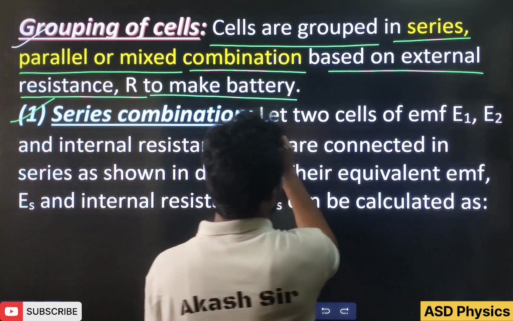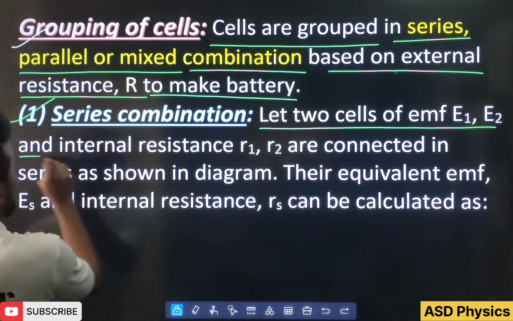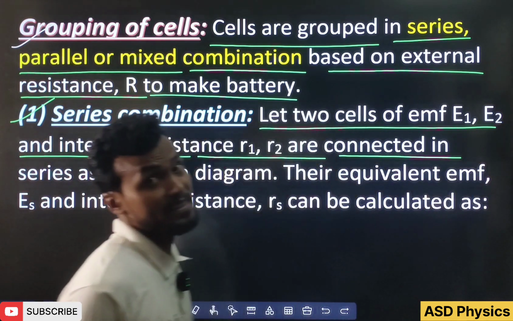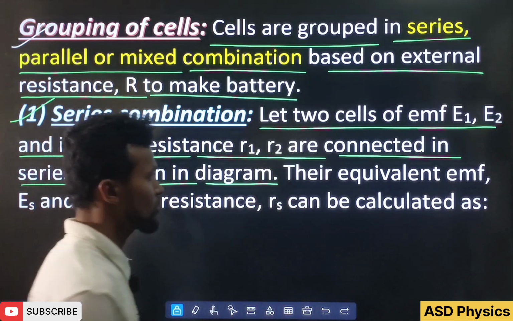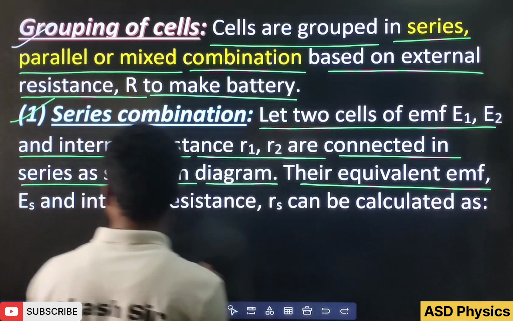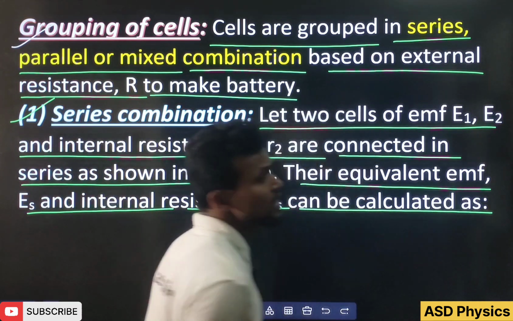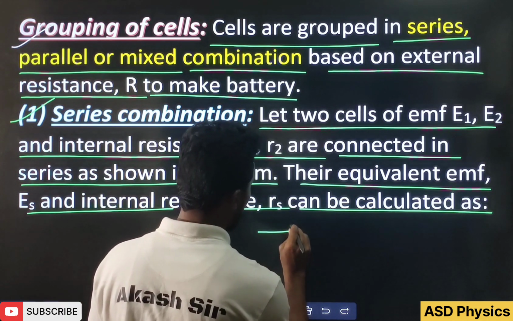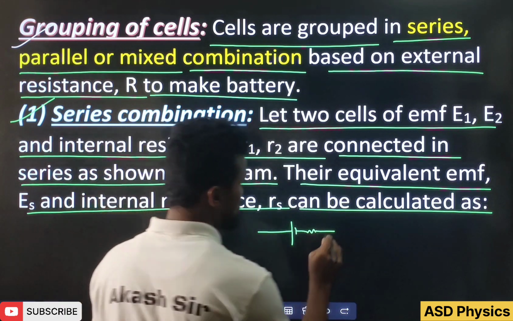So here, let two cells of EMF E1, E2 and internal resistance R1, R2 be connected in series as shown in the diagram. I will draw the diagram. Their equivalent EMF Es and internal resistance Rs can be calculated as follows. Kindly see here, I have taken one cell, and this is the internal resistance of the cell.